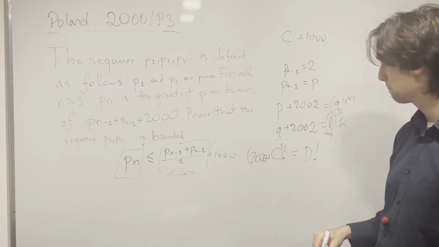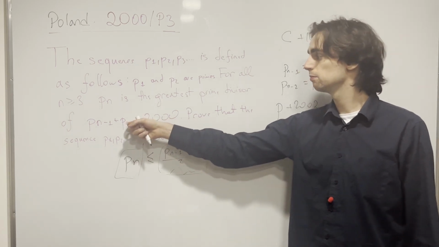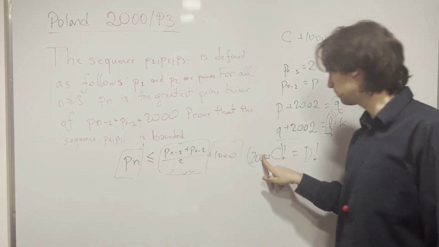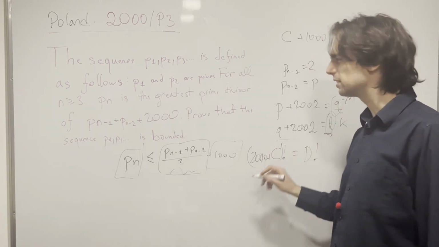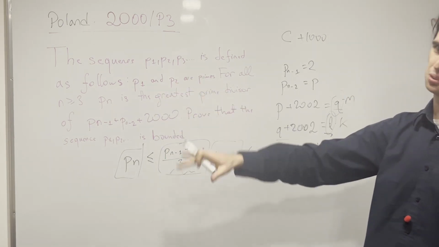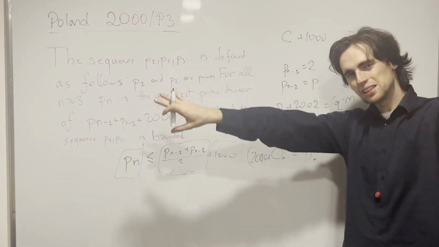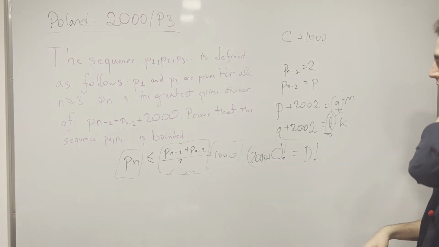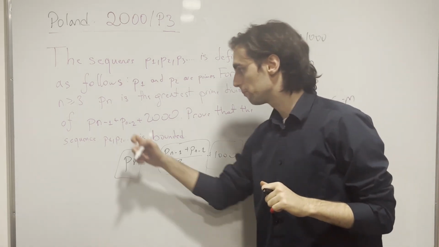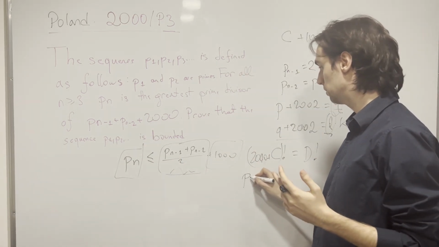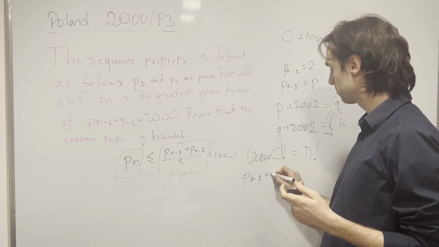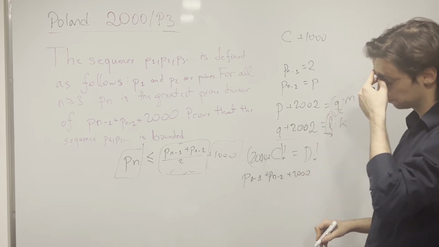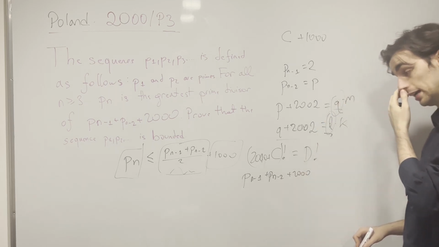Now, assume that these two numbers are less than or equal to this, right? Then this D factorial. Let's say actually 2010, just in case there's a +1 or a +2 somewhere here. I don't want to deal with that case. Let's just say plus 2010, that's my D. And then I know that Pn is the greatest prime divisor of Pn-1 plus Pn-2 plus 2000.